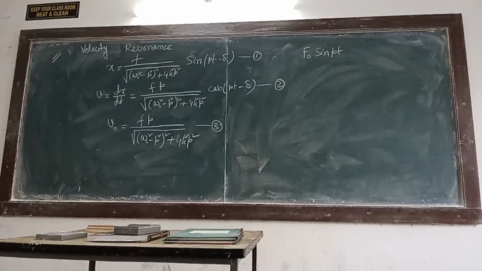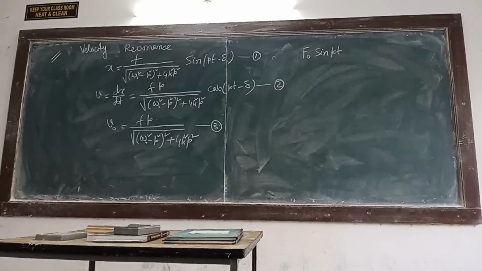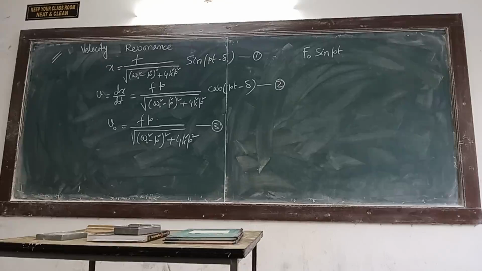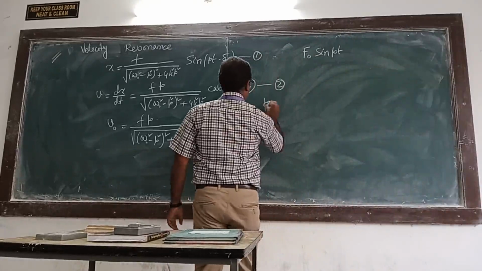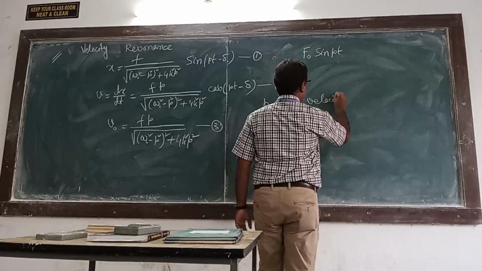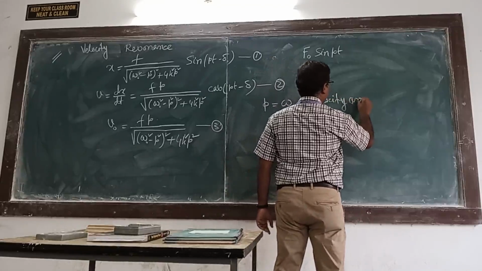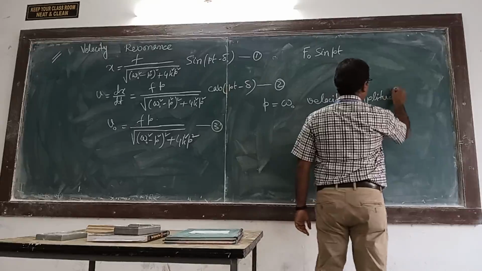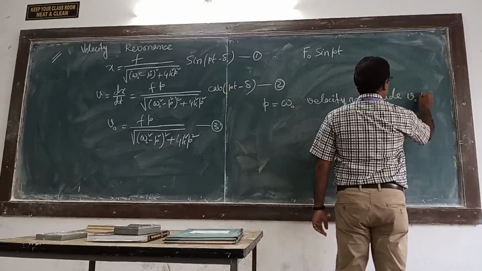Now at p equals omega naught, the velocity amplitude V naught is maximum.